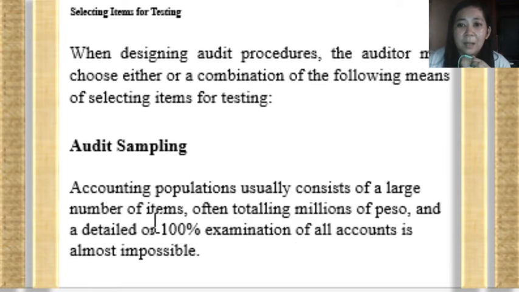So, the accounting population. This usually consists of a large number of items. There are different transactions, account balances and disclosures, so usually this is a large number of items. Often, in terms of amounts, they total more or less to millions of pesos, and a detailed or 100% examination of all of this is almost impossible.